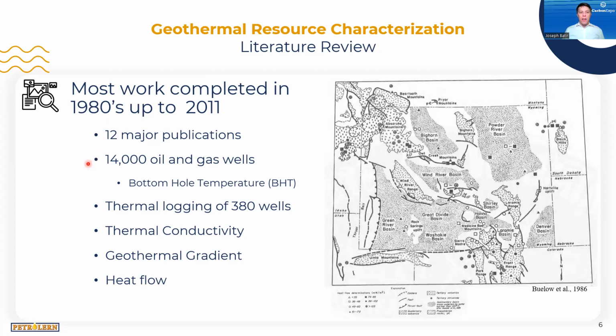Of those 14,000, there have been 380 wells that were logged for temperature. There's also thermal conductivity measurements that have been taken. And using these data, the temperature logs and the thermal conductivity, we can calculate geothermal gradient and heat flow. So these are things that were done in the past that we have gone in and collated all here.